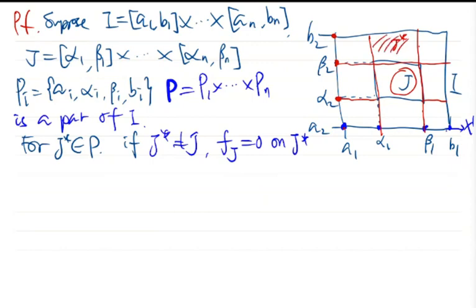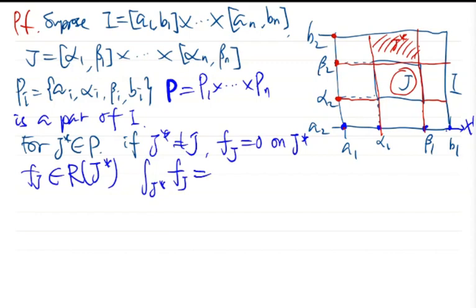If J* is not the rectangle J, then fJ, the zero extension of f outside J, is 0. So fJ is 0 on such J*. Therefore, fJ is integrable on J*, because on J* it is a constant function, identically 0. Therefore, it is integrable, and the integral of fJ is 0.